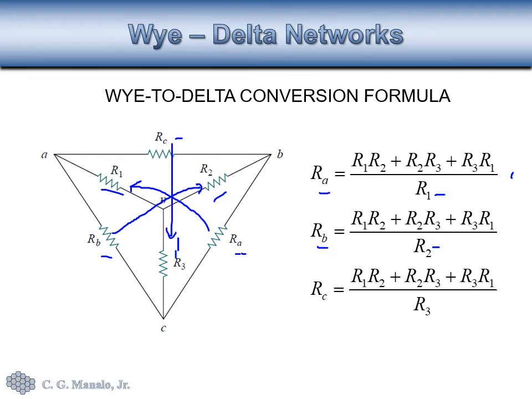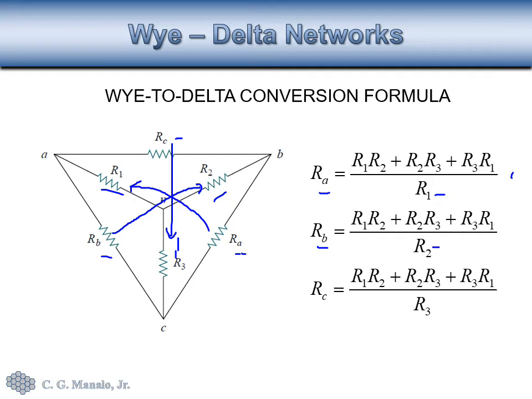Okay. Now for the numerator, it is simply the sum of the product of the resistances in the Y network taken two at a time. So R1R2 plus R2R3 plus R3R1.